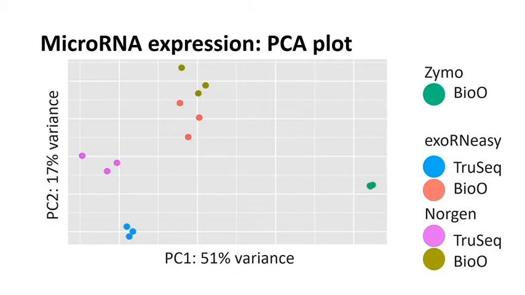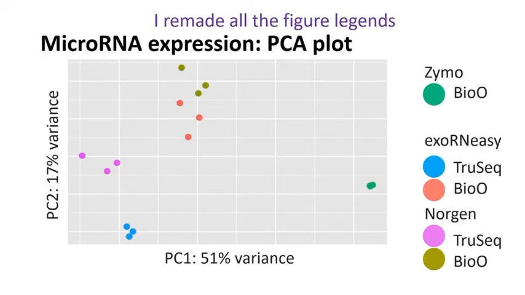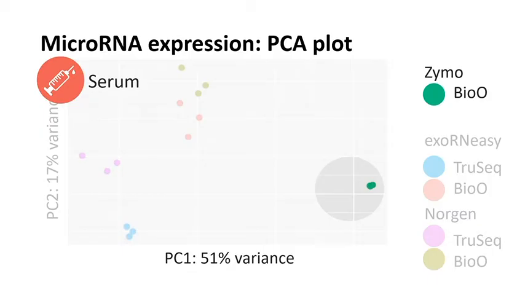And I also made the labels bigger, so that on the x-axis you have PC1, 51% variance, and on the y-axis you have PC2, 70% variance. And when I talk about it, I have a pet peeve for laser pointers, so I don't like to use a laser pointer at all.